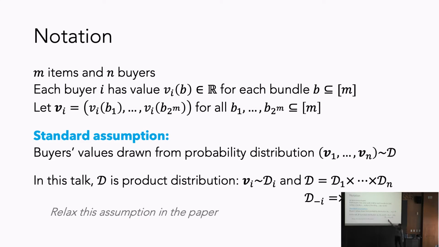I'm going to use the notation D_{-i} to denote the distribution over all buyers' values except bidder i. We relax this assumption in the paper, but I'm just going to make this assumption in this talk. So a bidder's own values might be correlated, but bidder i's values are independent from bidder j's values.